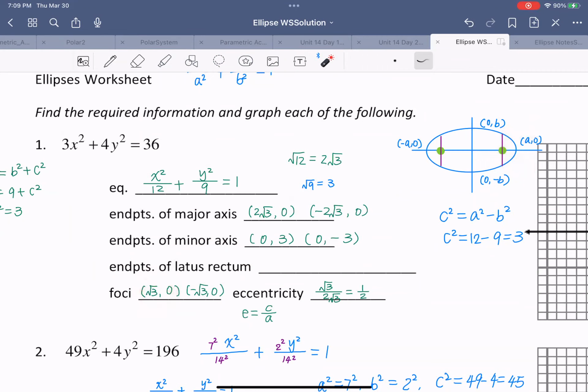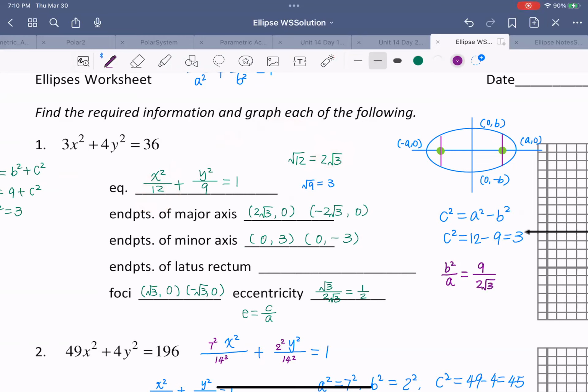Let's calculate how much b squared over a is. B squared is 9, right? A is who? This is a squared. A is 2 times square root 3, right? Okay.